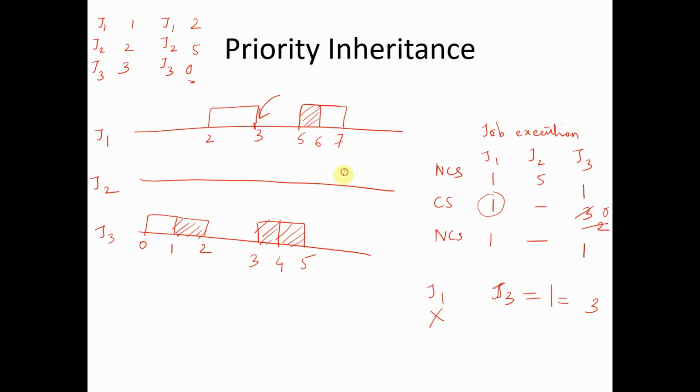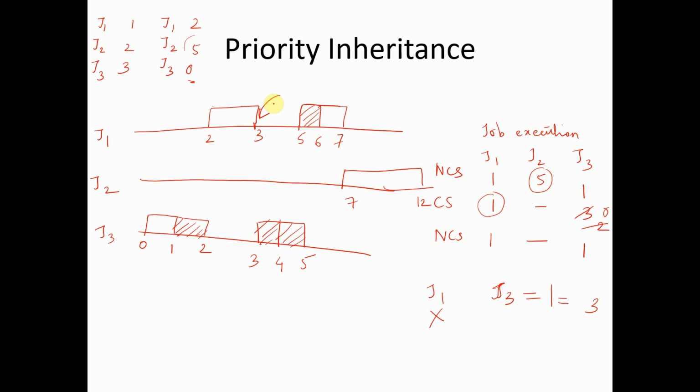And at 7, since the priority of J2 is after J1, say J2 needs 5 units in the non-critical section, J2 will get executed from 7 till 12. In this case you see that J1 does not have to wait for a long amount of time.